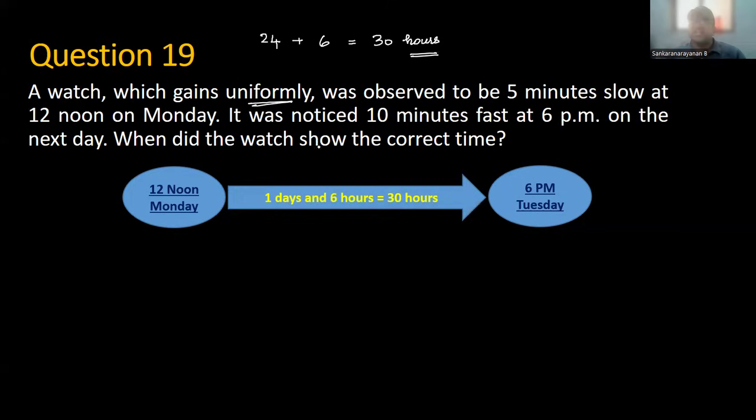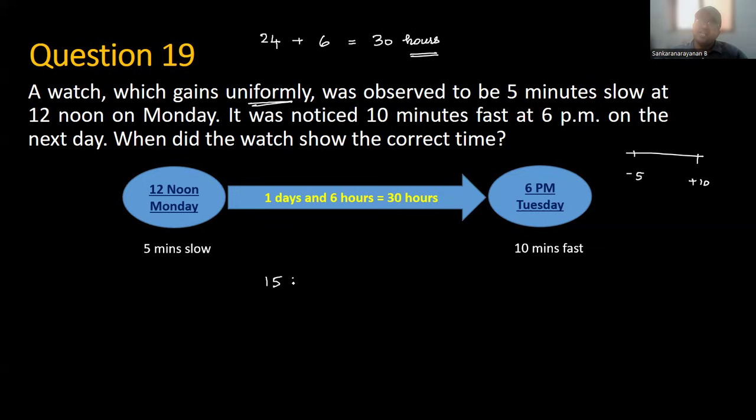What is happening in this 30 hours? We can see that the watch was 5 minutes slow. Now it's 10 minutes fast. So we can consider that originally it was at -5. Now it has become +10. So we can see that in 30 hours, the clock has gained 15 minutes.